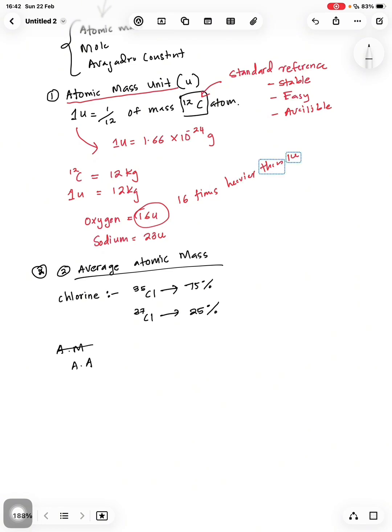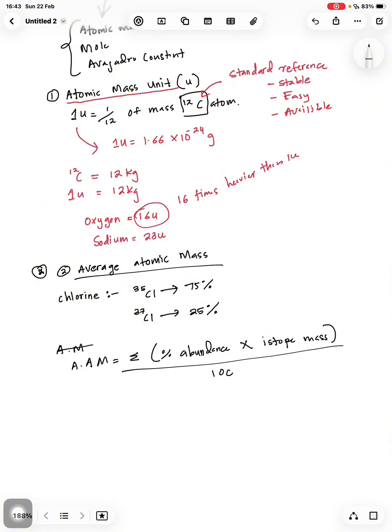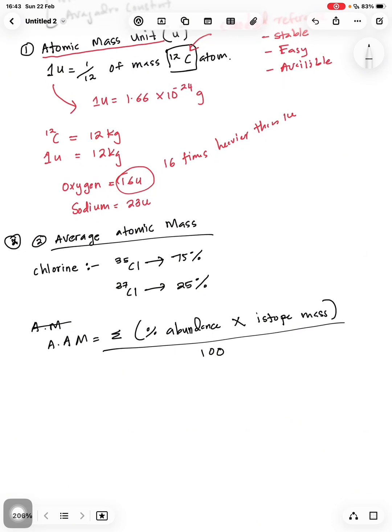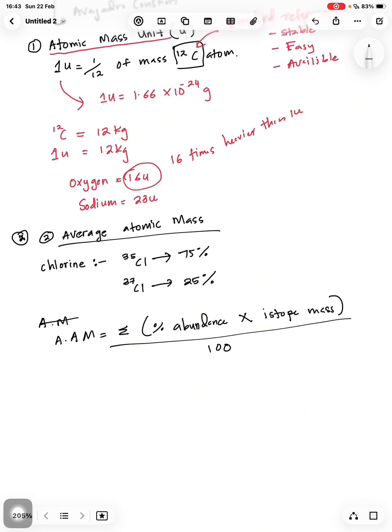Average atomic mass is equal to sigma percentage abundance into isotope mass over 100. Now, most of the students are confused when it comes to average atomic mass.